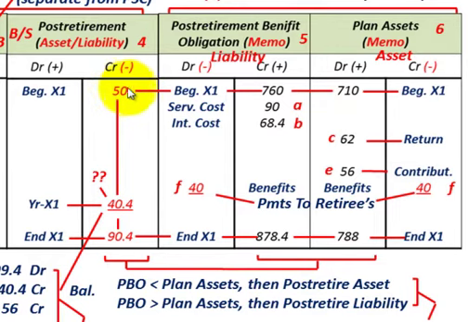So how do we get the credit or reduction of 50? Well, you have to know what's going on in your PBO account, the post-retirement benefit obligation, and you look at your beginning balance. In this case, we had a credit of $760,000, and then you also have to know what's going on in your plan assets.